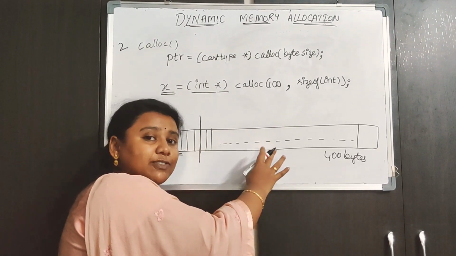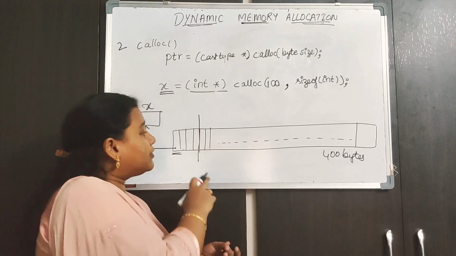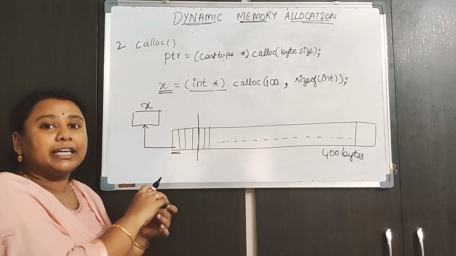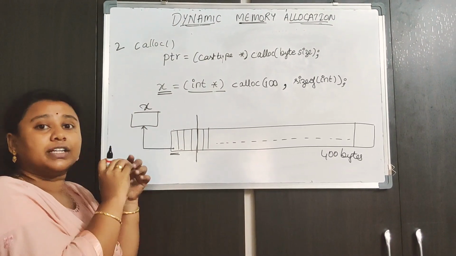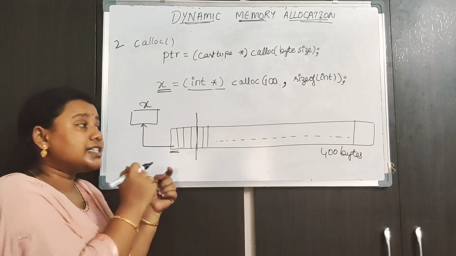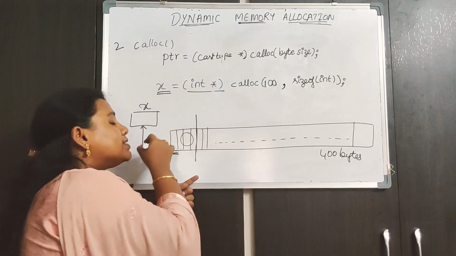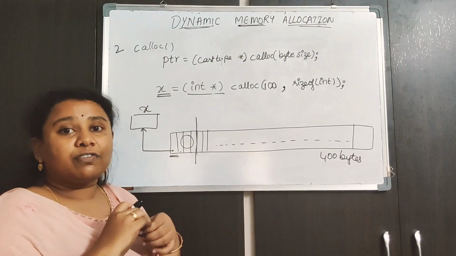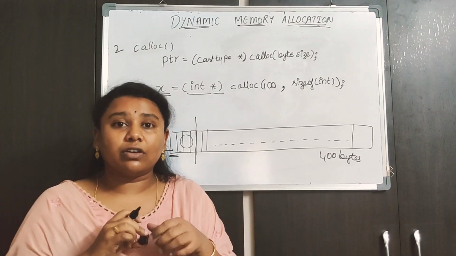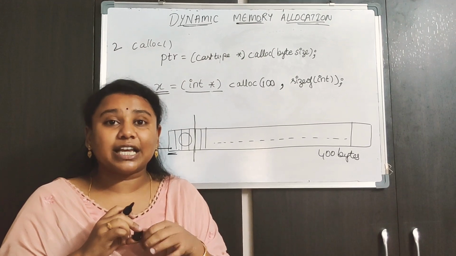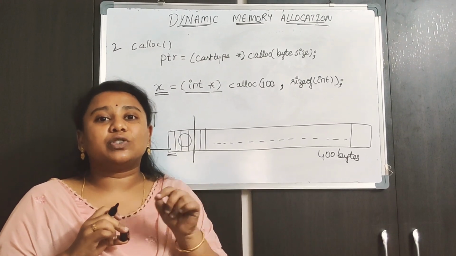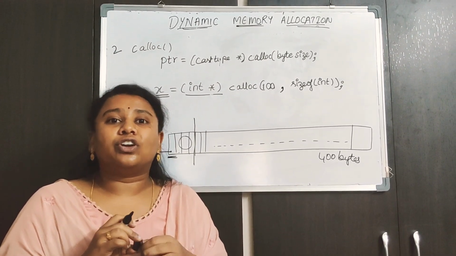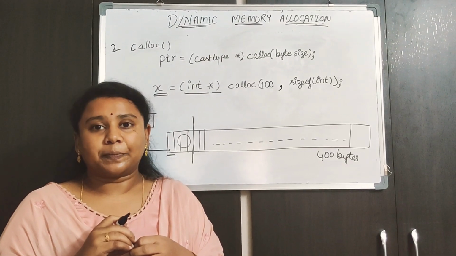The 400 bytes will be allocated continuously and the first memory location will be stored in pointer x, but the difference is that the value 0 will be stored in those memory locations. In malloc, all garbage values are stored. In calloc, they are initialized to 0 even though you did not give any value.